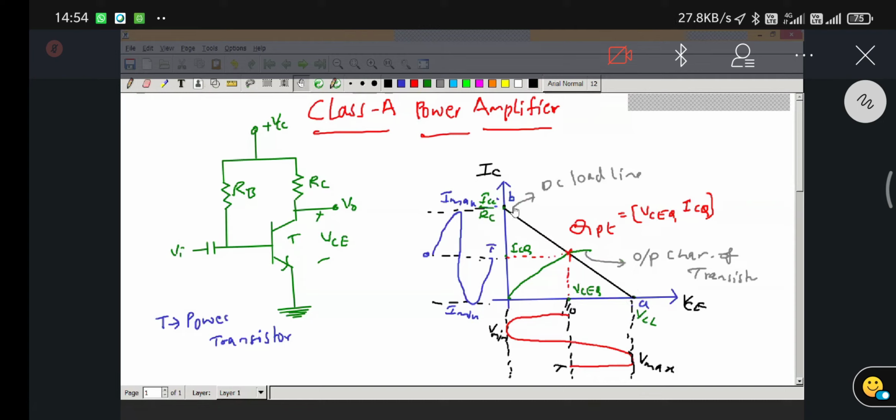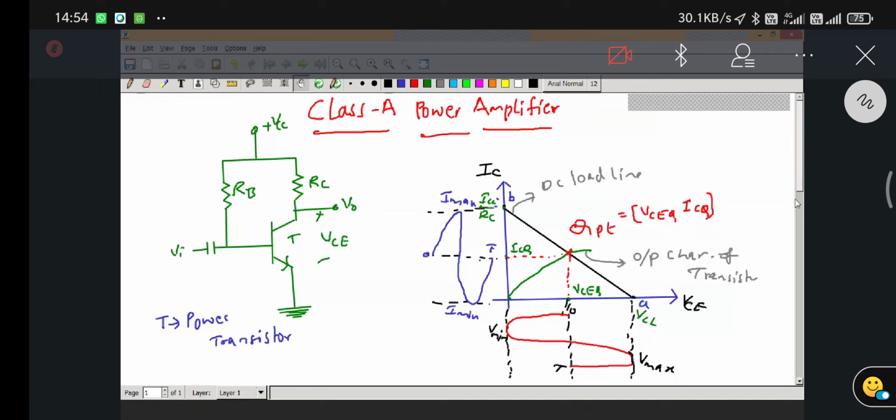In the same manner, if the IC value at B is 5 milliampere, then we get ICQ as 5 by 2 milliampere, right? Because the Q point is in the middle, we get half of those values.